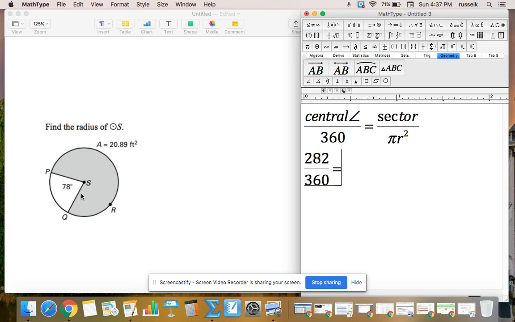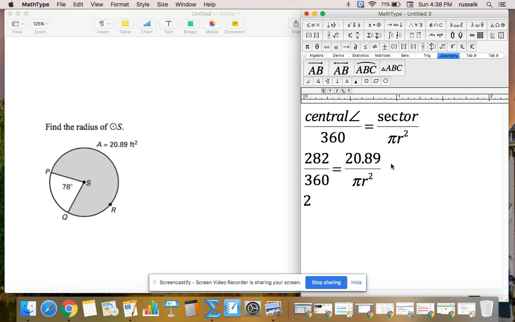Over 360 equals area of the sector, which is 20.89. We are trying to find the radius this time, so we'll put pi r squared in the bottom, and r should be our only variable, which it is, so that means we should be able to solve for it. So go ahead and cross multiply.